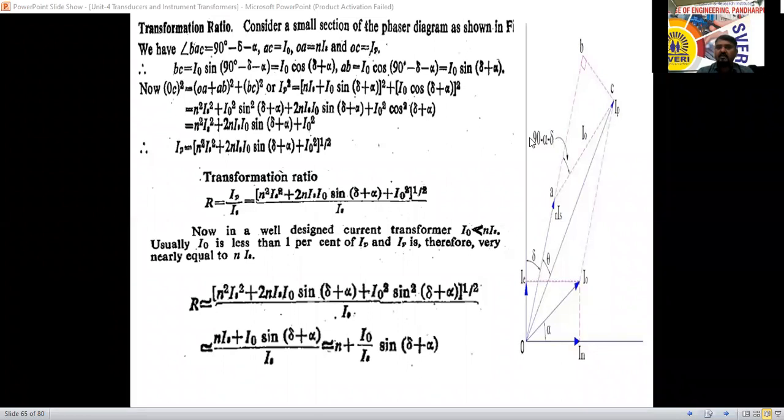So like that, BC equal to I naught into sine of 90 minus alpha minus delta. Okay, BC we have considered. Similarly, for the AB or BA, that is I naught cos of 90 minus delta minus alpha here. We have considered, so this minus delta and minus alpha.